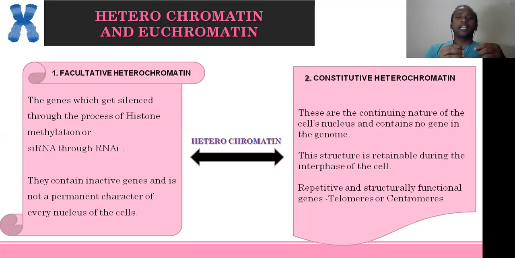And repetitive and structural functional sequences can be present in this constitutive heterochromatin. Examples are telomere sequences and centromere sequences, right? These will be constitutive heterochromatin because they are always continuously existing sequences. So we call it constitutive.